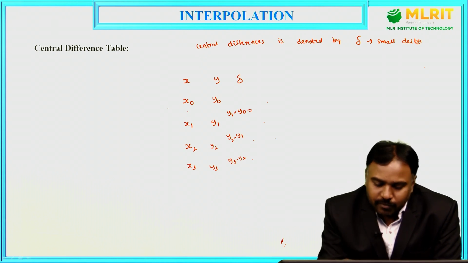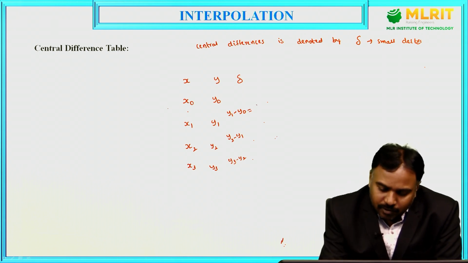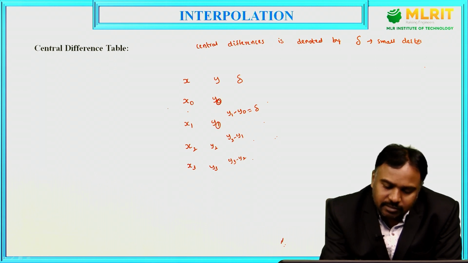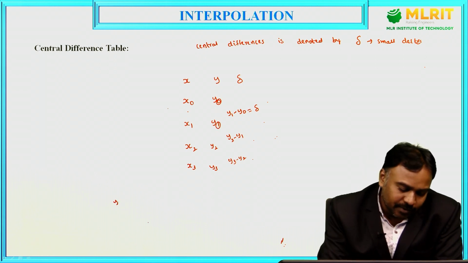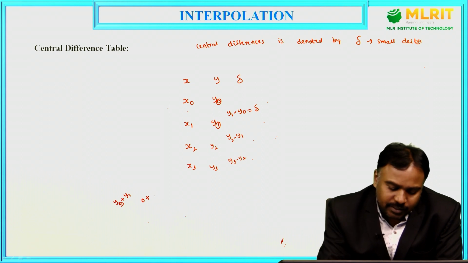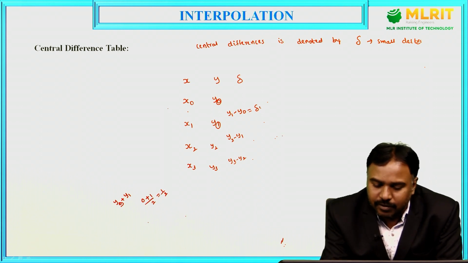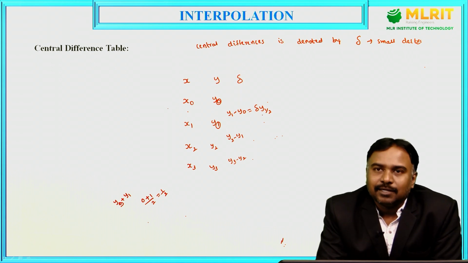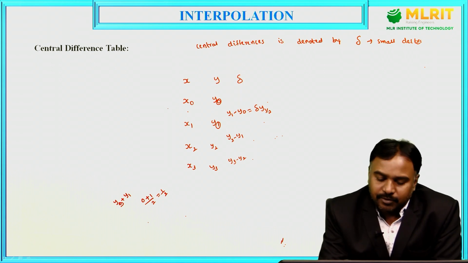We denote this as small delta, taking the averages of these particular suffixes. Look at y0 and y1, we just take the suffixes' average. So this suffix is 0 plus 1 by 2, therefore the notation we use is delta y suffix 1 by 2. So we simply call it small delta y 1 by 2.